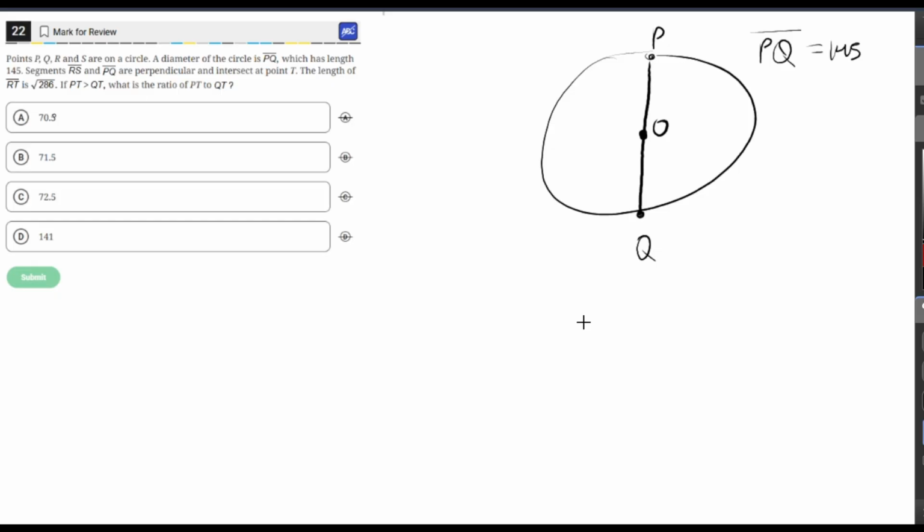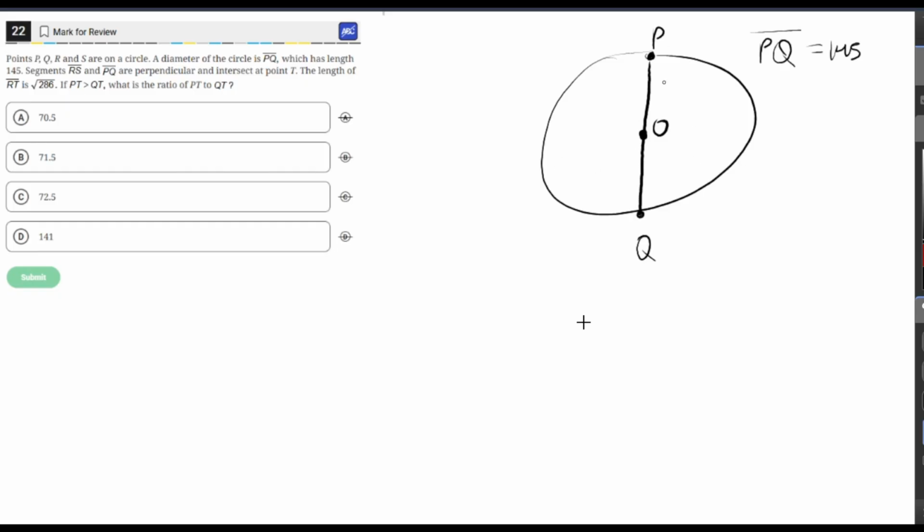So it says that there's a segment RS that is perpendicular to PQ on the circle. So we don't know if this segment RS is passing through the center of the circle, in which case it would be a diameter of the circle. But in the end, it states that PT is greater than QT after RT intersects PQ.